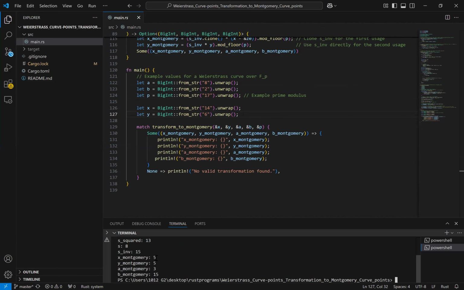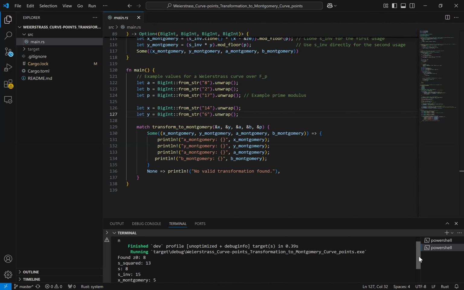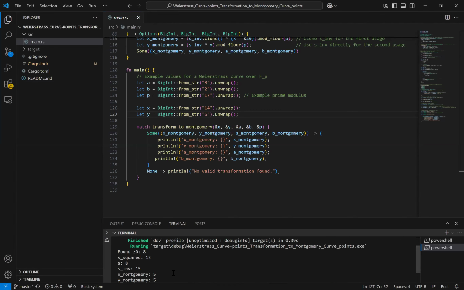When you run this, it gives you, you can see, this is what I wanted. I wanted it to give me all this because I was finding some errors. So it found for me the value of Z0. It gave me the square root of S, and then the square of S squared, then the square root of that. Then the inverse of S, it gives me.